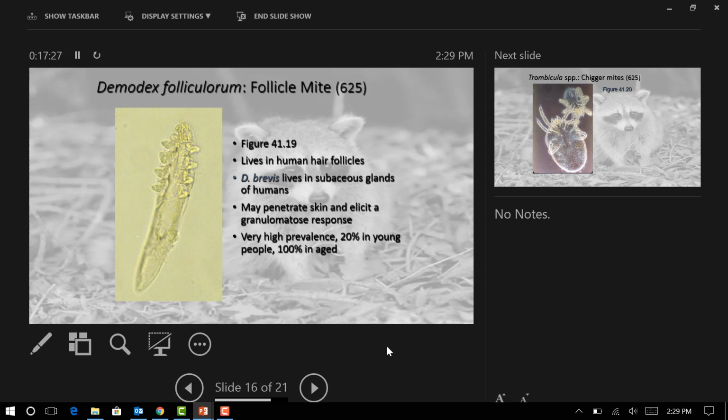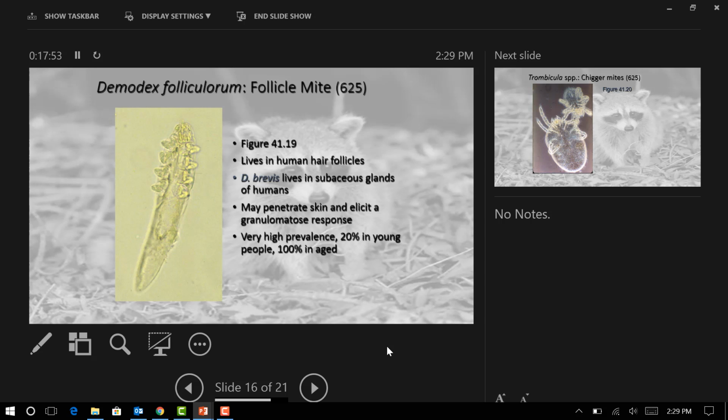And so you can get kind of a goopy eye and a lot of inflammation around the eyelids. And then as you start to squeeze, you can actually squeeze out some of these mites. And these are mites that are visible with the naked eye. Most mites are microscopic. You can't see without a microscope. These Demodex brevis, you can actually see them. And Demodex folliculorum, you can see with the naked eye.